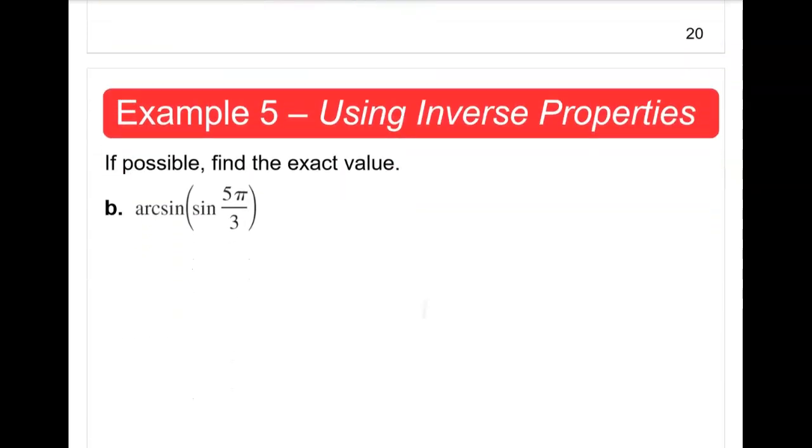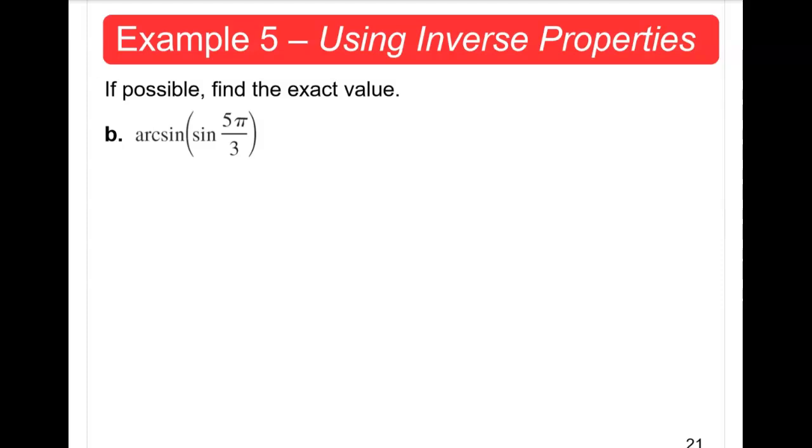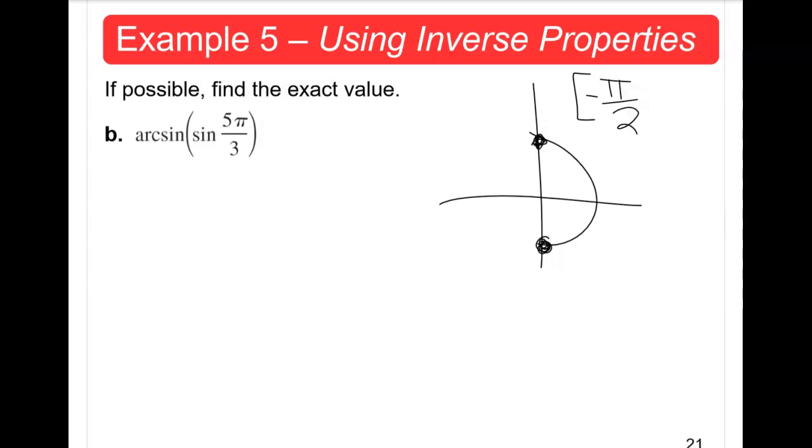Going to our next problem, we do have sine of 5π/3 here, and this is one of those that we cannot cancel, and I will explain why. The sine function was restricted to be in quadrants 1 and 4, or in other words, to be in the interval of -π/2 to π/2.